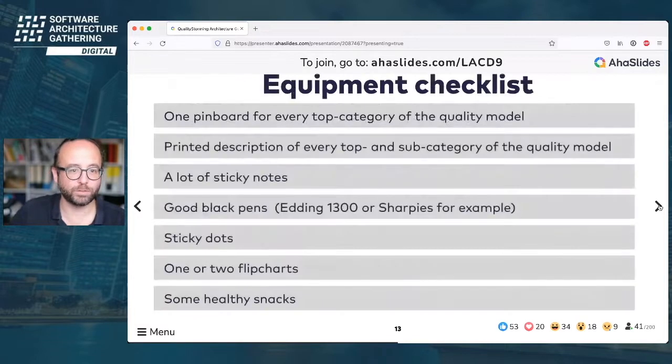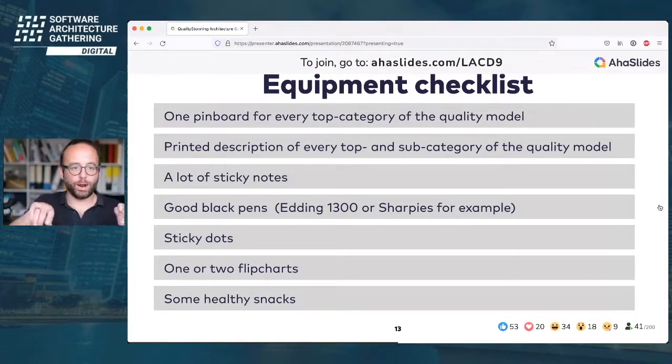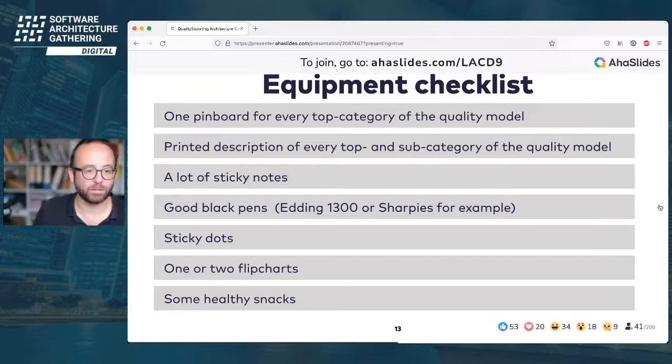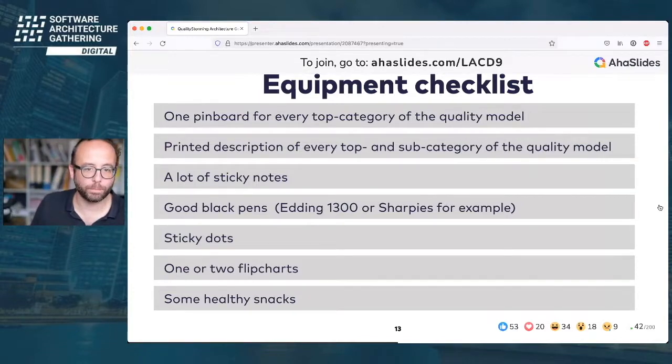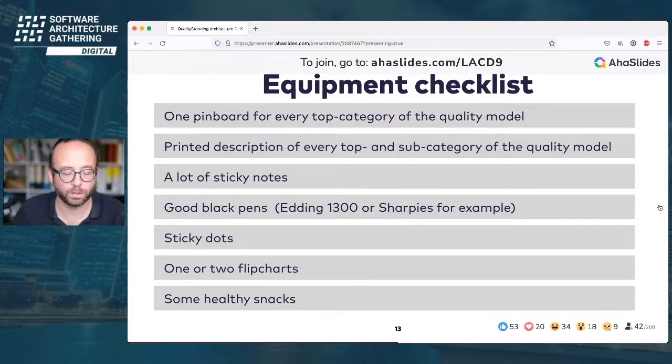And then in terms of the equipment checklist, you need one large pinboard, those moderation walls that can roll around, for every top category. In the case of ISO 25010, that's 8 of those. You need a printed description of every top category and subcategory of the quality model. That also delivers some examples and insights on what's there.